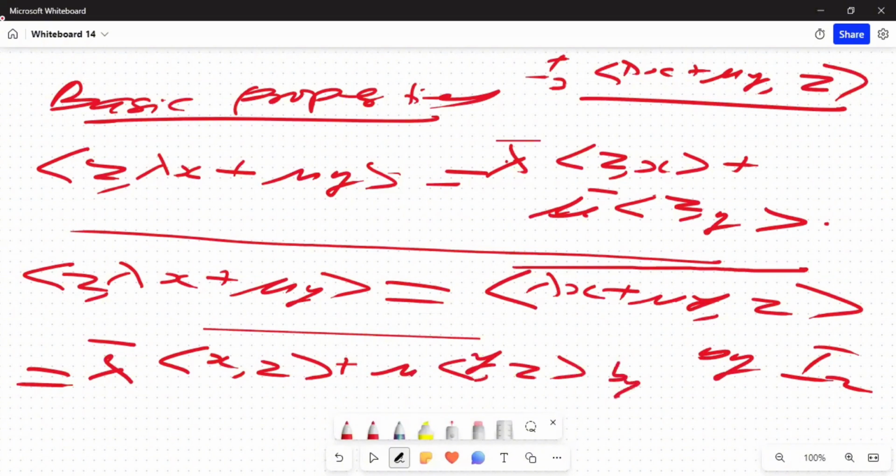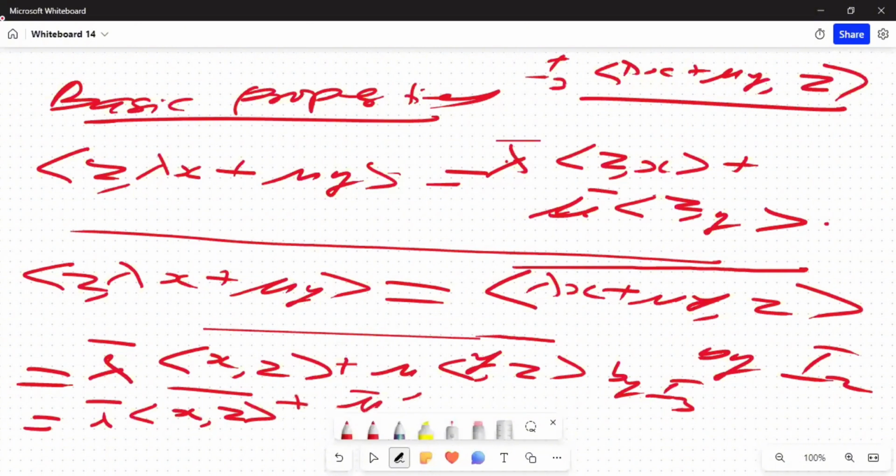So this is by I3. This is by I3. Of course, this whole conjugate, you can break them up so that you have lambda conjugate, inner product of x comma z conjugate plus mu conjugate, inner product of y comma z conjugate.